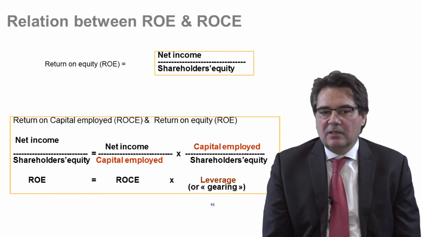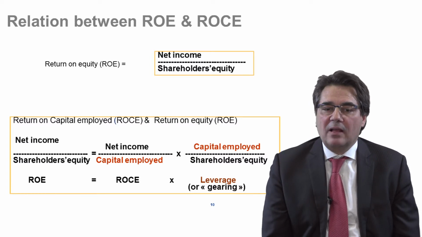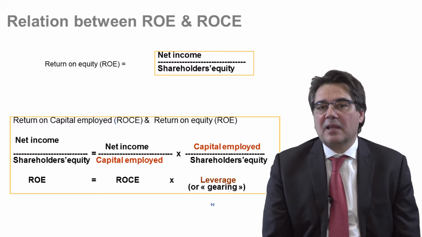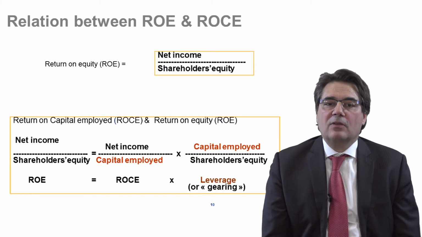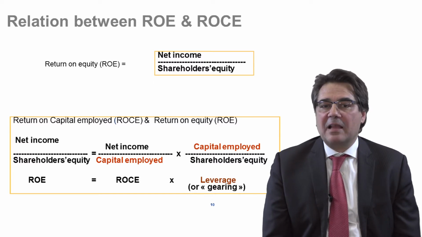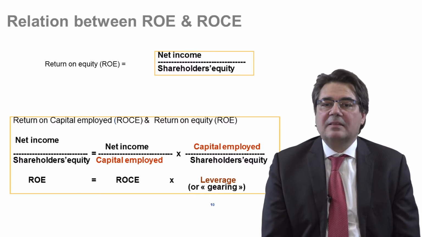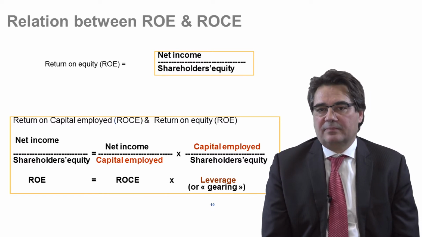In addition, the return on equity formula can be disassembled in two parts: return on capital employed and leverage. So net income divided by shareholders' equity is equal to net income divided by capital employed times capital employed divided by shareholders' equity.